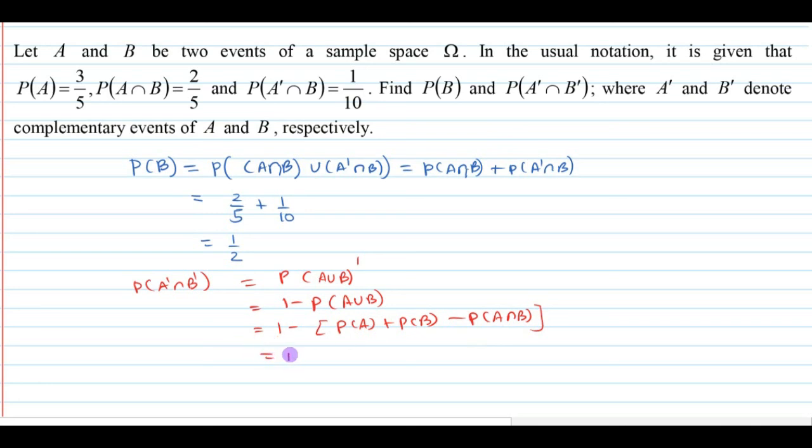Then we can substitute the values: 3 divided by 5 plus 1 over 2 minus 2 divided by 5, which is 7 over 10. So 1 minus 7 over 10. Then we get the final answer as 3 divided by 10 for P(A dash intersect B dash). Let's consider the marks. First 5 marks given for this equation and another 5 marks for that answer, and this 5 marks for the expression and another 5 marks for this statement, and last 5 marks for the question number 10.